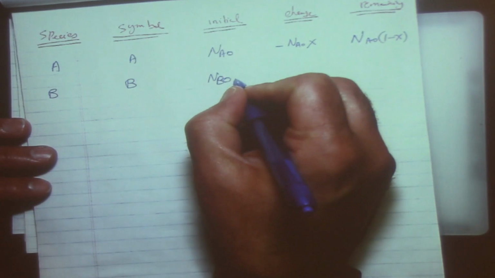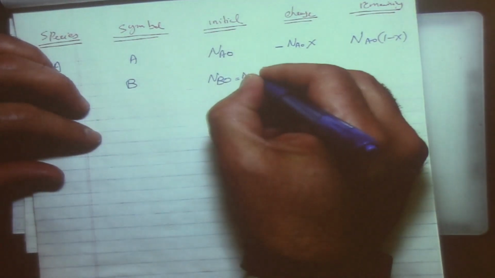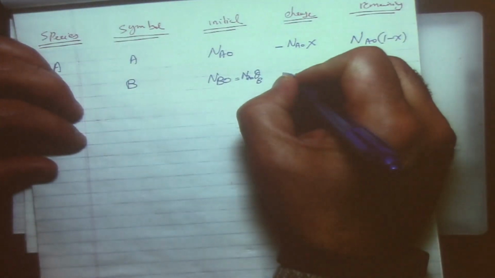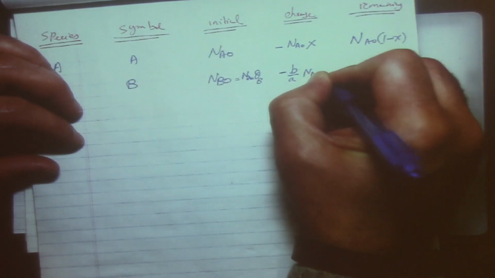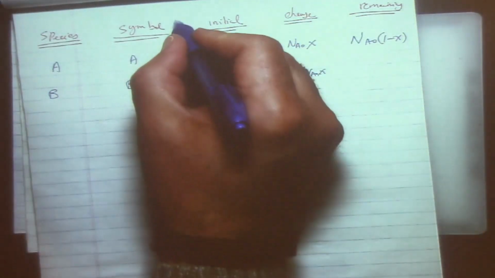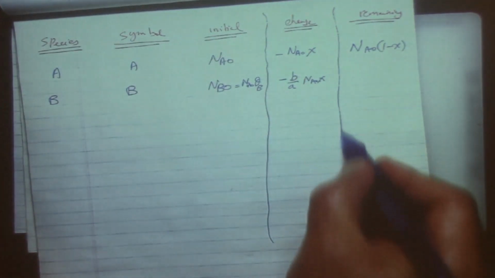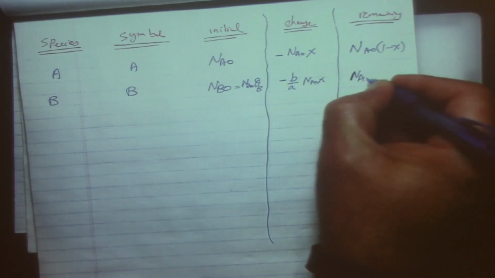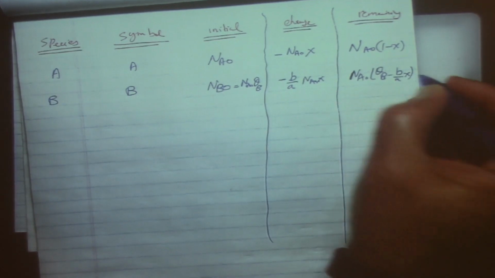Just to keep in mind, if you want to write everything with respect to NA0, it would be NA0 times theta B. How much have we used? It is negative because it's a reactant: minus b/a NA0 X. So how much is remaining? NA0 times theta B minus b/a X.